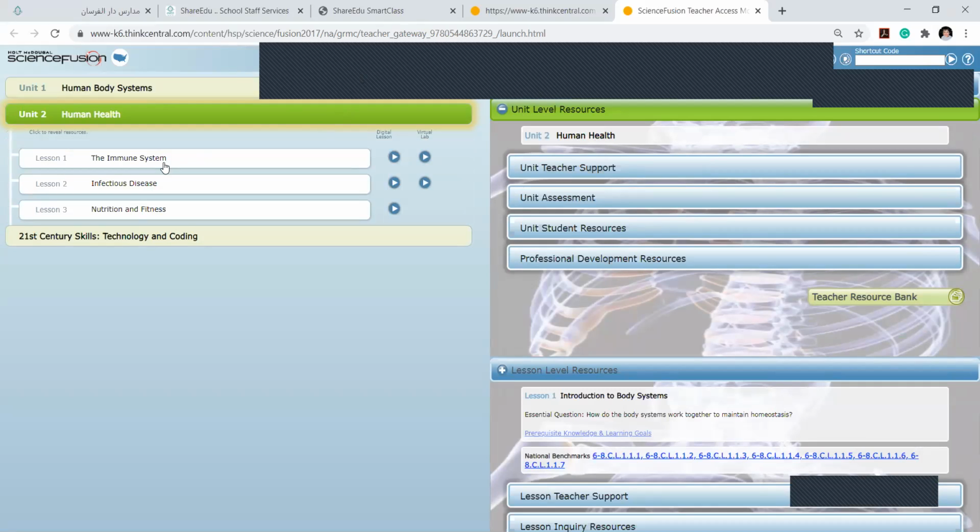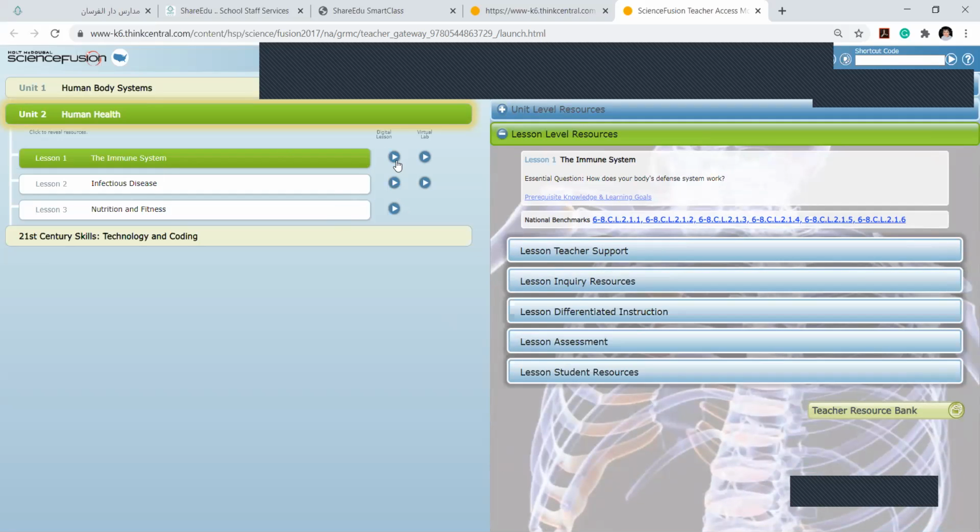Pathogen, yes, very good, because you learned about pathogen yesterday. Any other vocabulary word? T cell. Immune, T cell, very good. Immunity, very good.